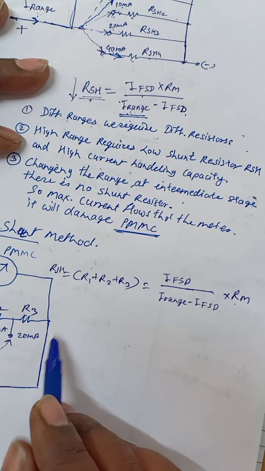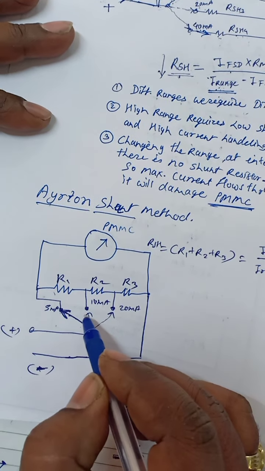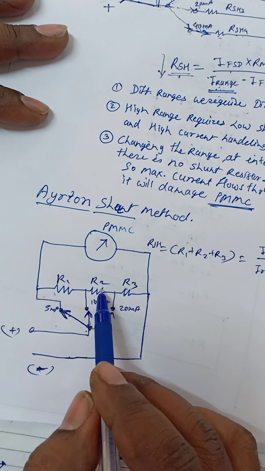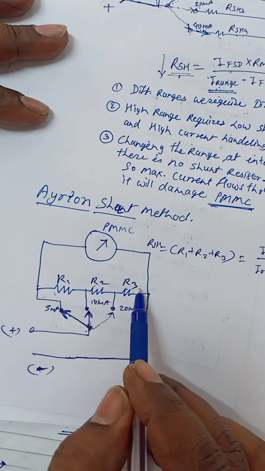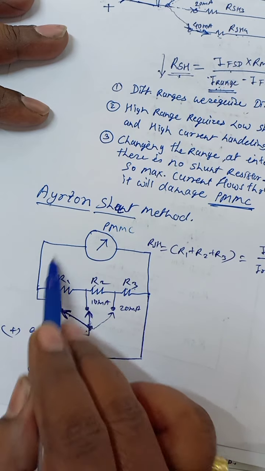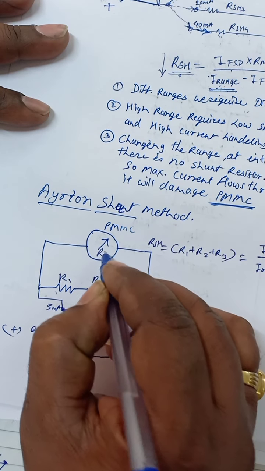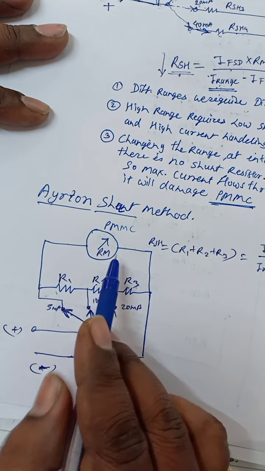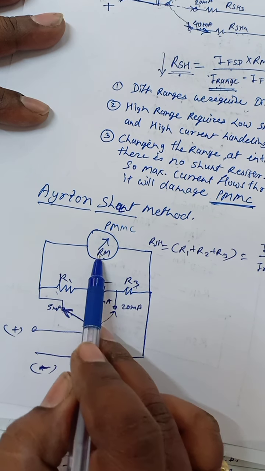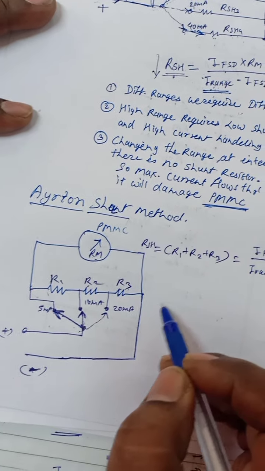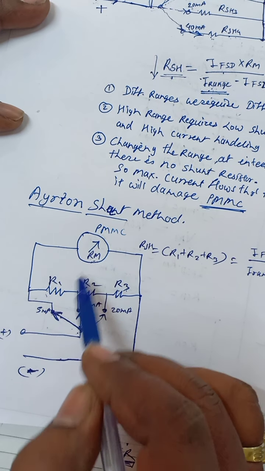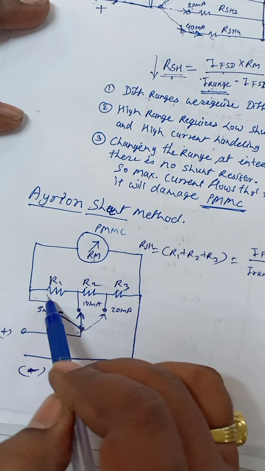Now if we select the second range, the shunt resistor becomes R2 and R3. Now R1 is in series with the meter resistance RM, which is the internal resistance of the meter. So the resistance of the meter increases from RM to RM plus R1.